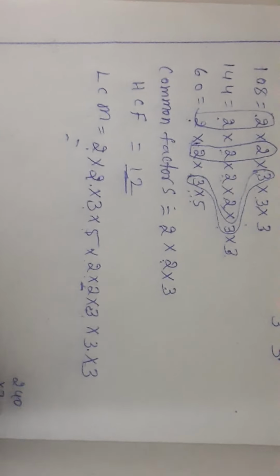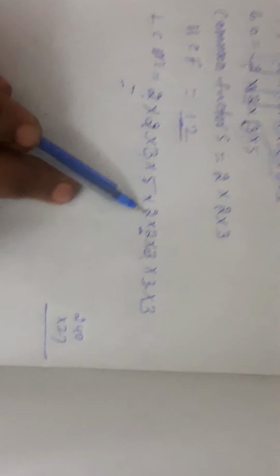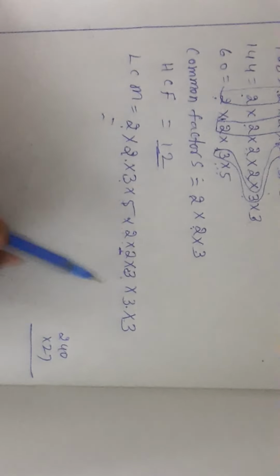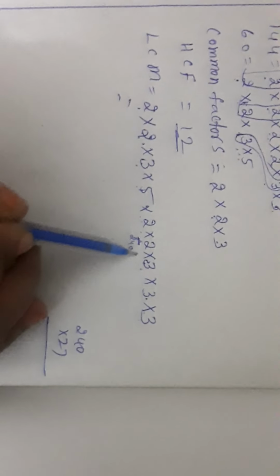240 into 27. Again we are multiplying. Here we get 240. And 3 3s are 9, 9 3s are 27.